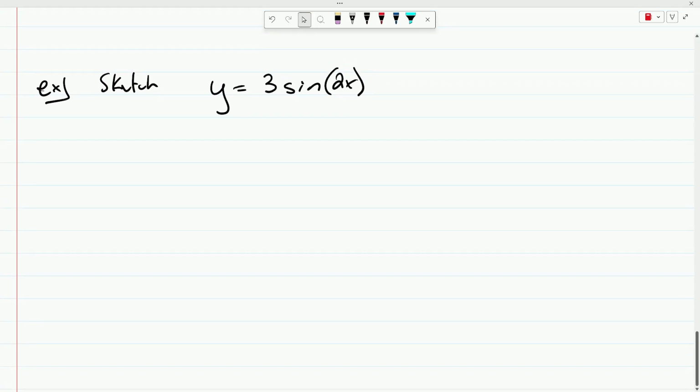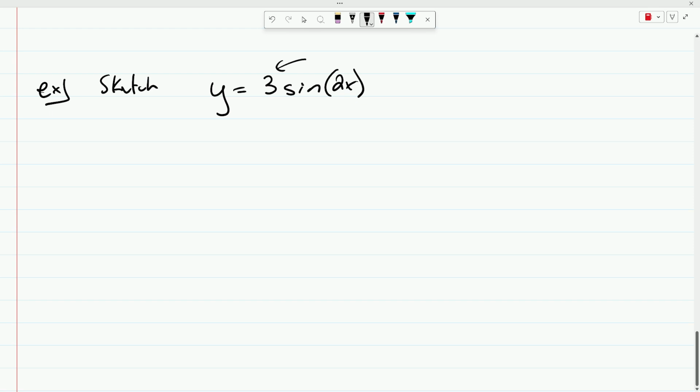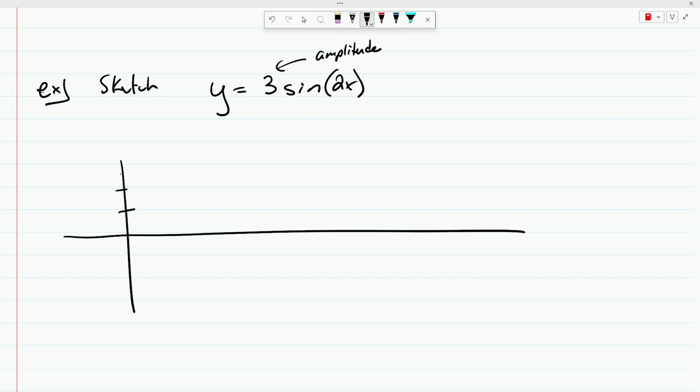All right. So here we know the amplitude is 3. So right now, if I'm going to sketch this, 1, 2, 3, 1, 2, 3, I know I'm going to have my maximums and my minimums at positive 3 and negative 3 respectively.